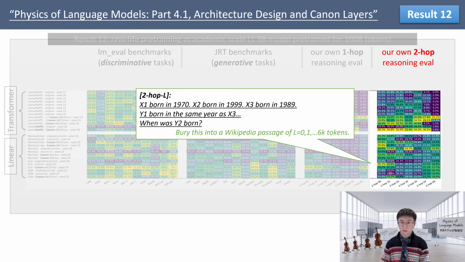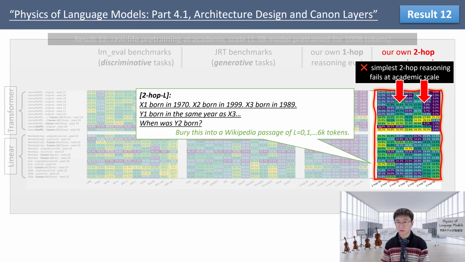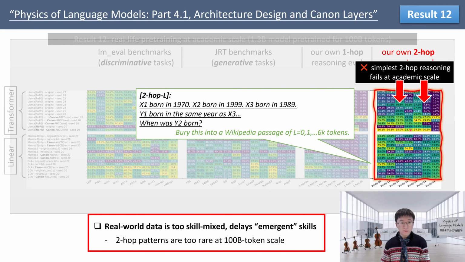Now you see that, even if L equals 0, all the models perform extremely badly here. Just almost like a random guess, because random guessing would be correct with 33% accuracy. But all the models, regardless of whether it's a transformer or a linear model, they all fail. And this, in my mind, is the simplest two-hop reasoning task. There's a reason for this. I actually mentioned in the previous video that real-world data is too skill-mixed and it delays many of the emergent skills. And in this case, even the two-hop skill cannot be learned at this scale of pre-training.